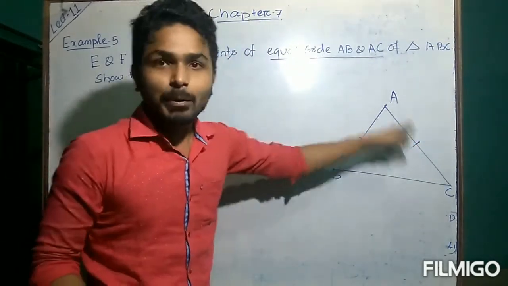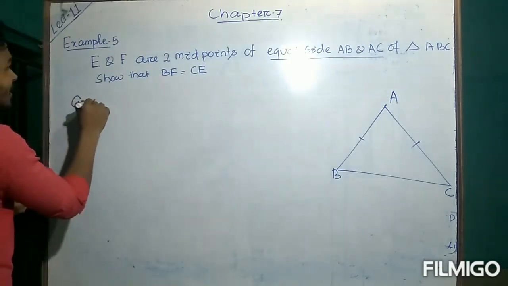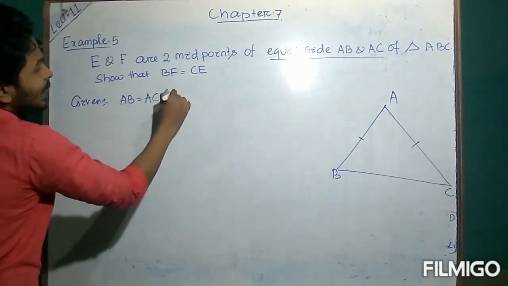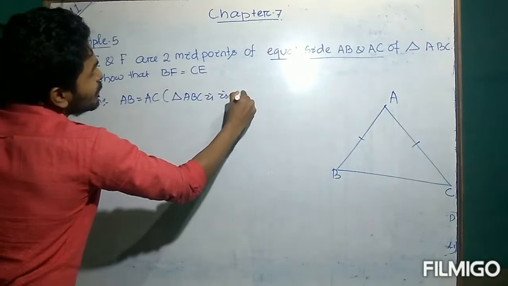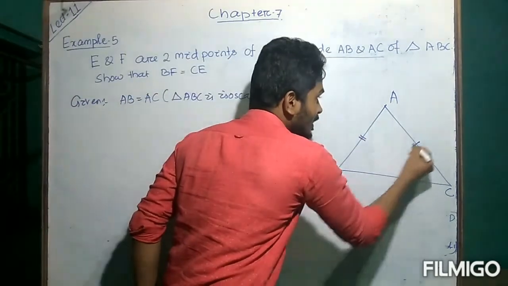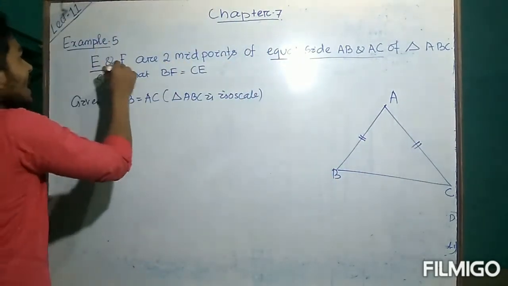That means it is which type of triangle? It is an isosceles triangle. So what is given? Given that AB is equal to AC. It means triangle ABC is isosceles. Is this clear? So this side is equal to this side. Now what are E and F?